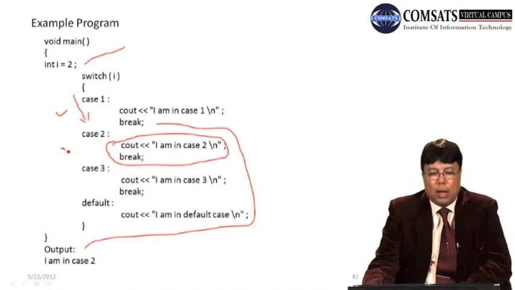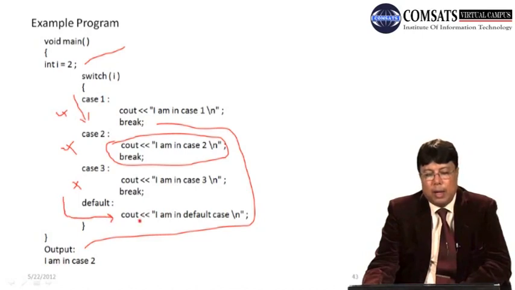But if it doesn't go to any of these cases, then automatically it comes up here. I am in a default case. Output: I am in case 2, because the value of I was equal to 2.